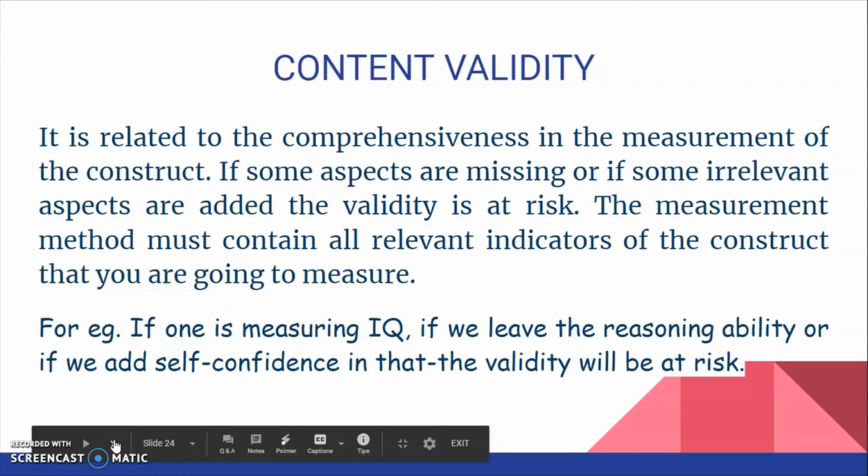Those are some of the indicators that show the IQ. So we should list out all the relevant indicators and not include irrelevant ones. In this case, we should not forget to include reasoning, but we should not include irrelevant ones, for example, self-confidence. So that makes the content valid.